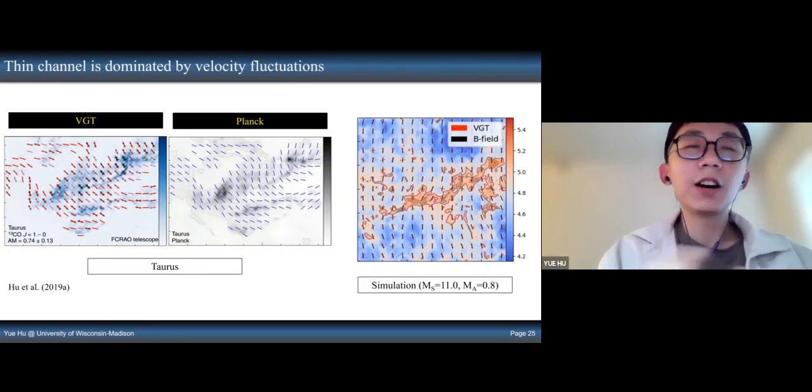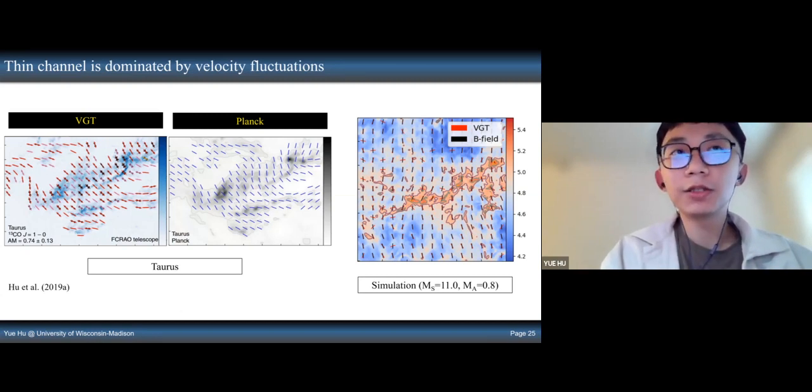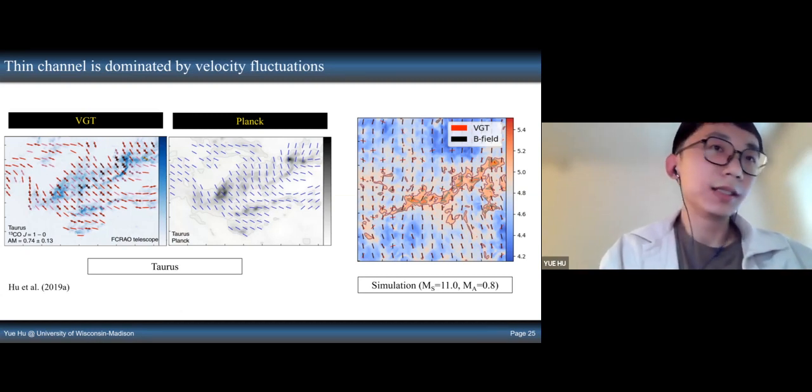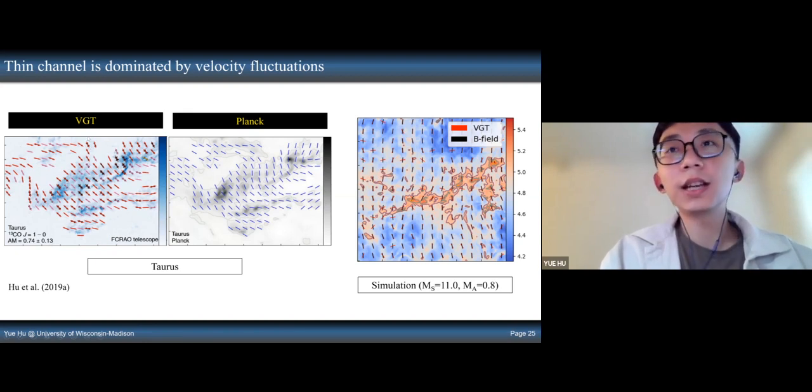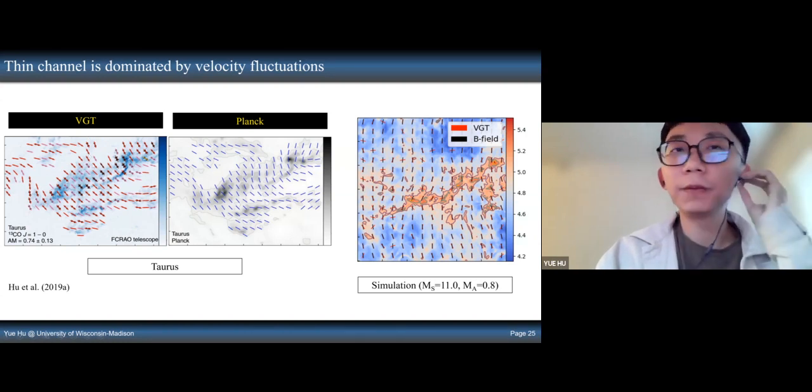So, okay, now we have addressed this issue of density contribution. And now we can safely say we can use the emission lines like 12CO and 13CO for Taurus to calculate the velocity gradient and to recover the magnetic field, up to now two-dimensional.